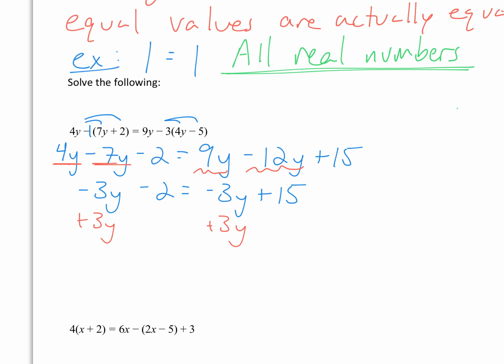You can probably already see an issue coming because this cancels and this cancels. So we get a contradiction. Looking back on our definitions, a contradiction means what? No solution to this equation. There's no value you can plug in for y up here and up here that would make the left side equal the right side.